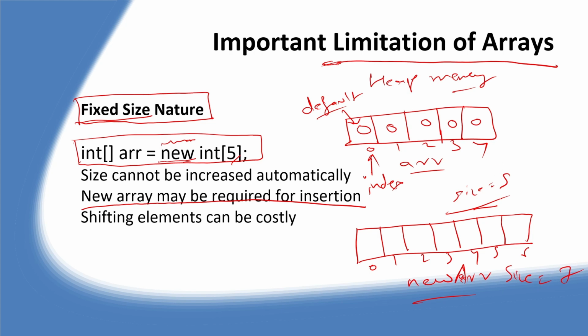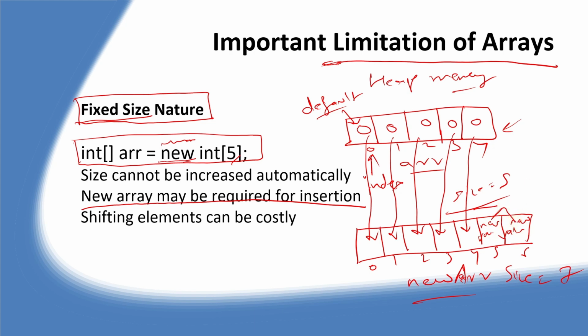And I wanted to add 2 more values in the existing array. So now what I will do? I will pick all 5 elements from the older array, and I will add new values for these 2 positions.